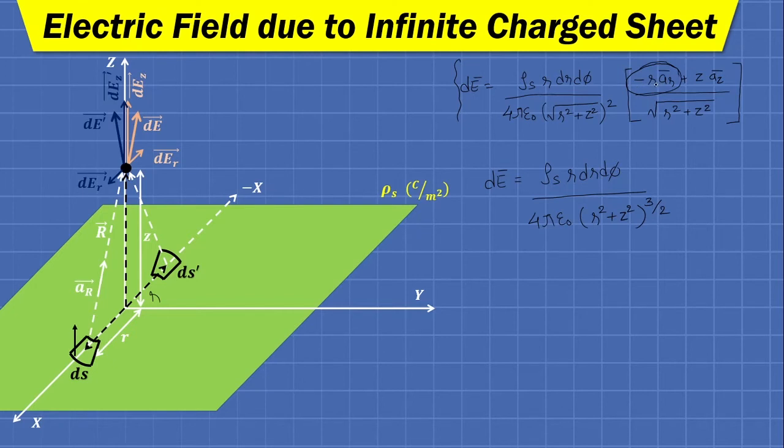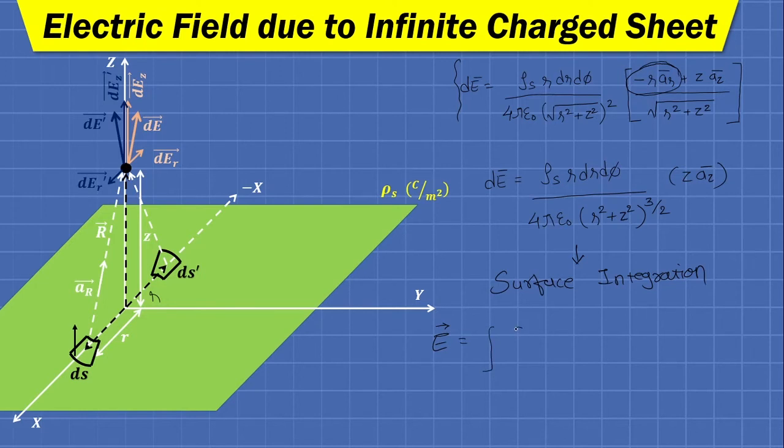Now this negative r ar bar we are going to eliminate from the calculation, so the only available component will be small z az bar, and now we are going to take the surface integration. Doing so, we can find the intensity on point P due to this infinite sheet of charge.